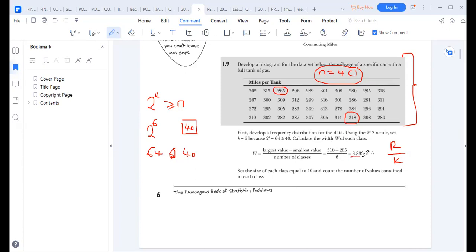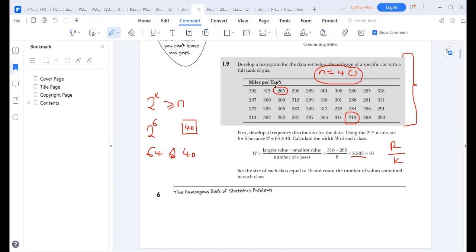That gives us the class width, to the nearest whole 10th number, which could be 10 or even 9. In this case, since we have 40, 10 is appropriate.